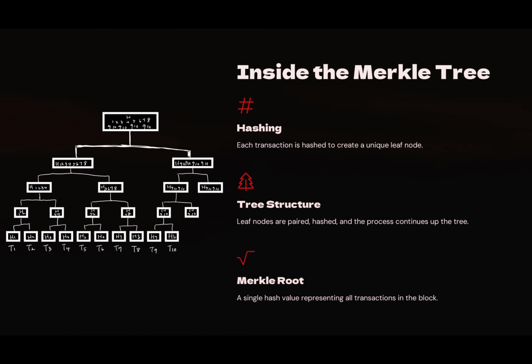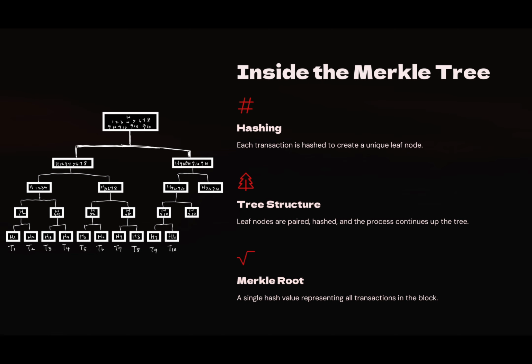We also want to know what is inside the Merkle tree, how it works and how it looks. In the left plot, we can see the Merkle tree organizes the transactions into a hierarchical structure. Each transaction, T1 to T10, is hashed to create a leaf node.